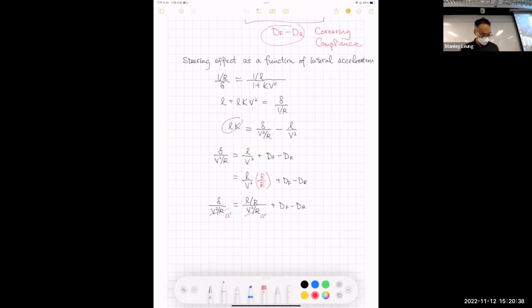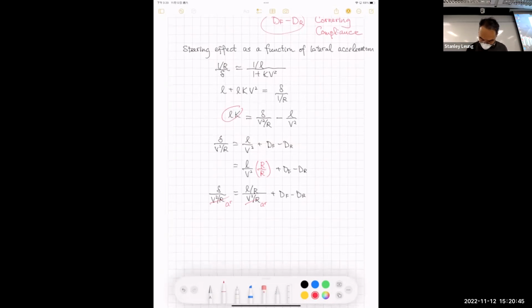Then the del, let's do it like this. So del per G over AR. So A over G, right?